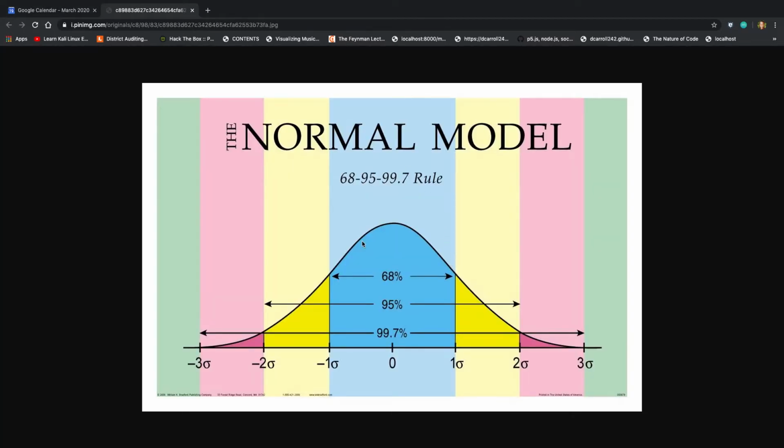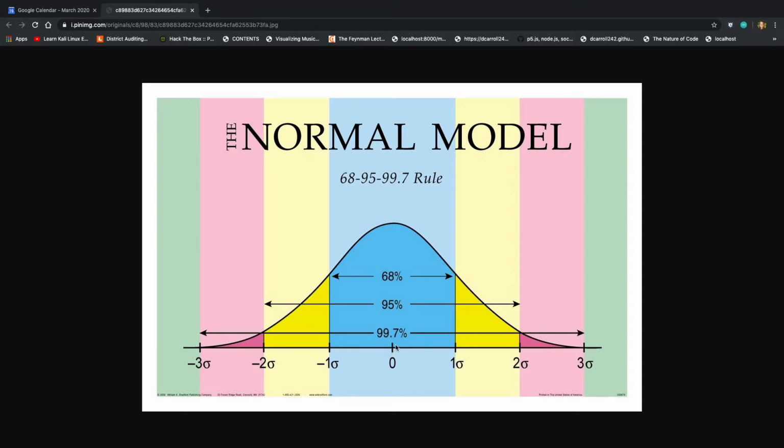So once we say, yes, it is normally distributed, we can apply this amazing rule called the normal empirical rule or normal model. Basically, it's the 68, 95, 99.7 rule, which says, in your sample, here's the zero value, the mean, and then we can calculate the standard deviation, which tells you how spread the data is.